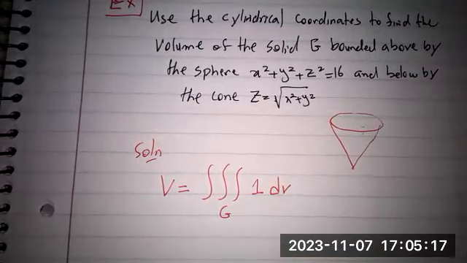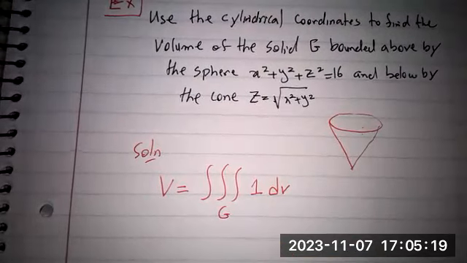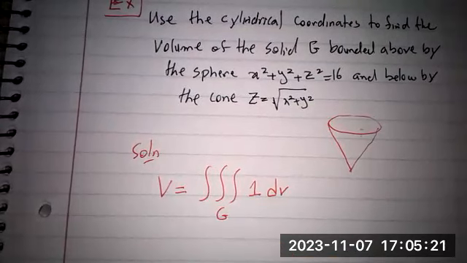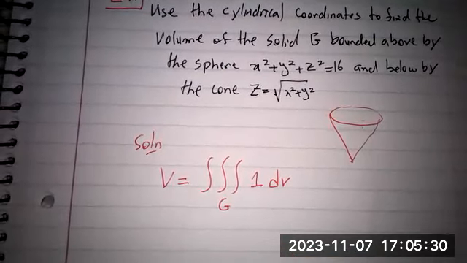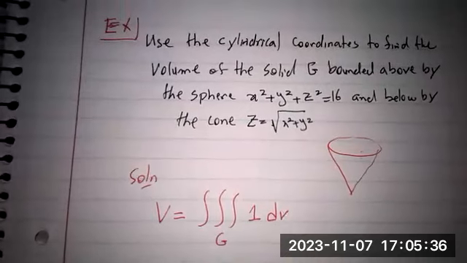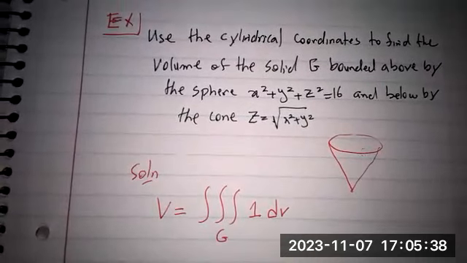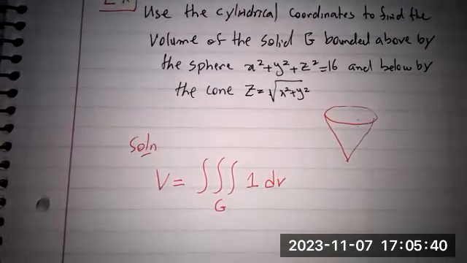The difficulty for this one is you have to determine the range of the limits of integration. You can set it up in xy coordinates first, then change it to cylindrical, because they ask you to use cylindrical coordinates. So we have to identify x, y, z.